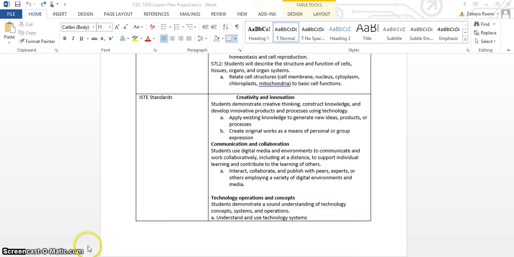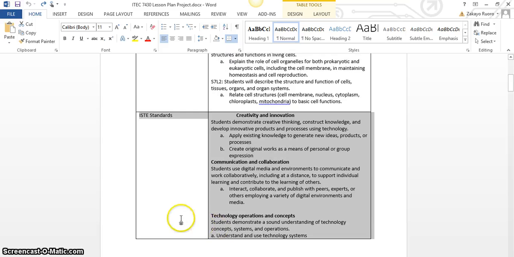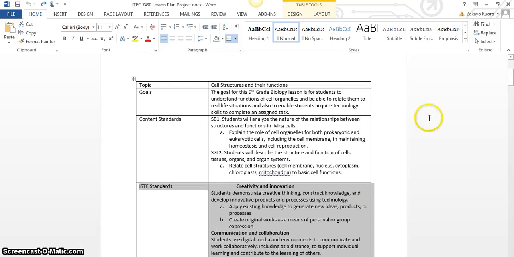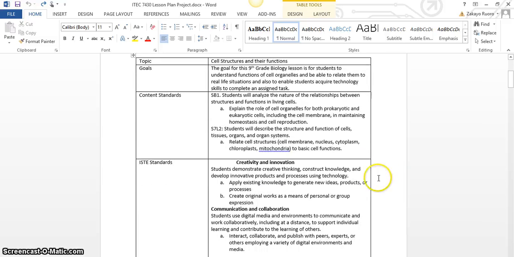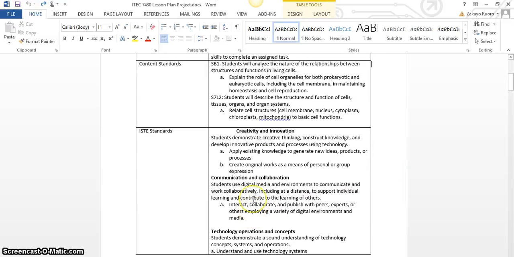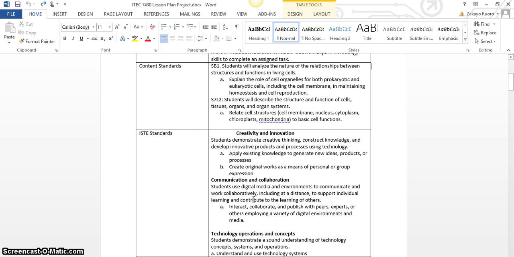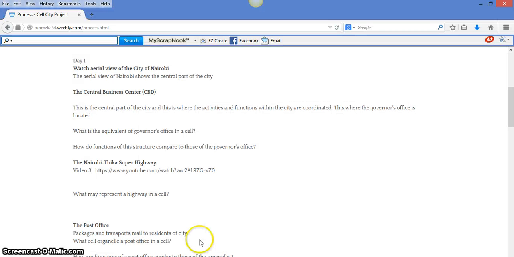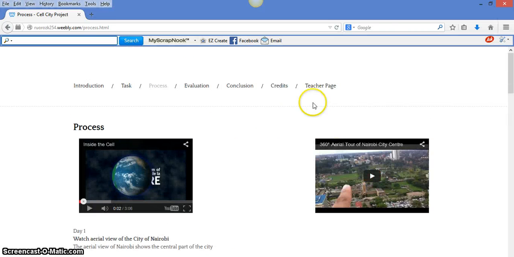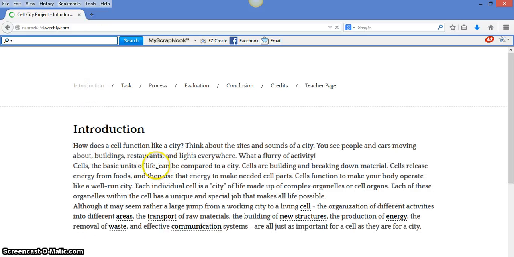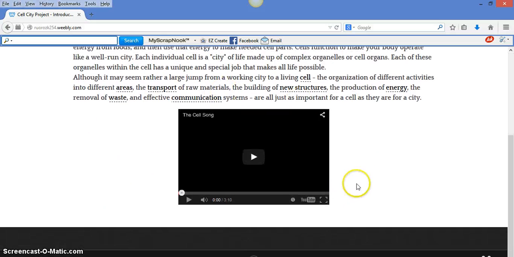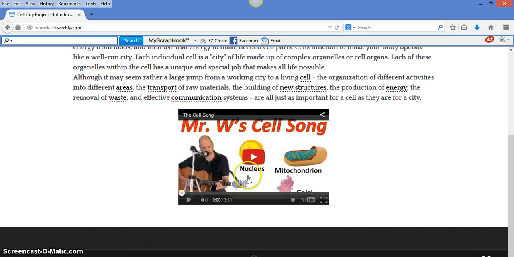Now, in the assignment that they were going to do, they were going to create products, and this was going to be either a poster or a brochure. And for them to be able to do that, I had to allow them to see my website.